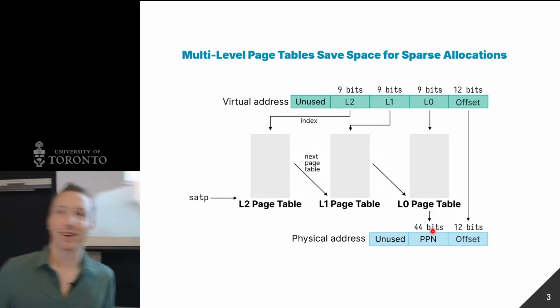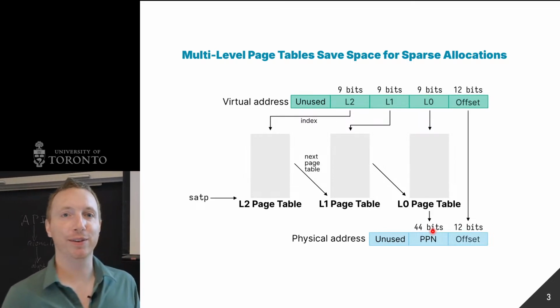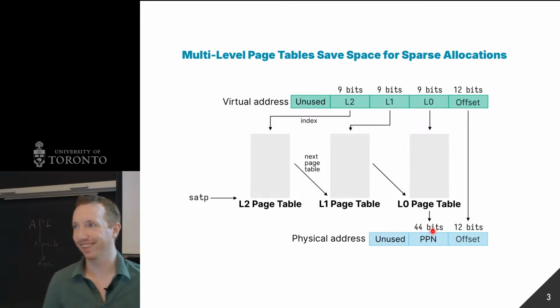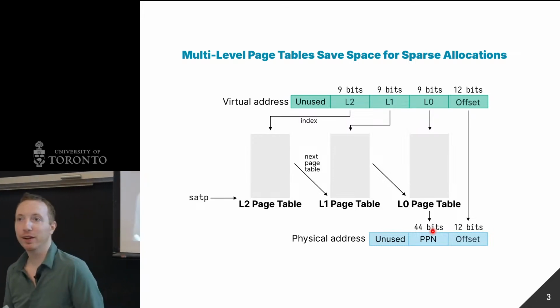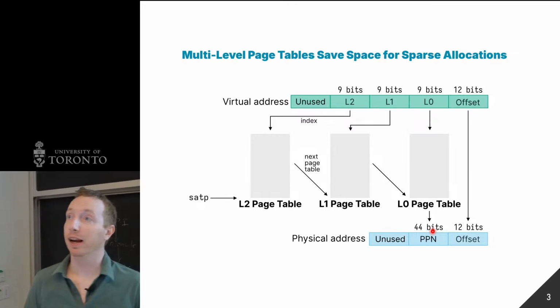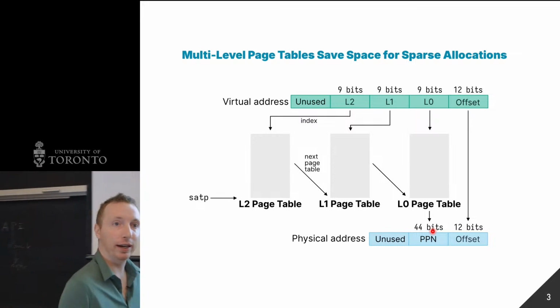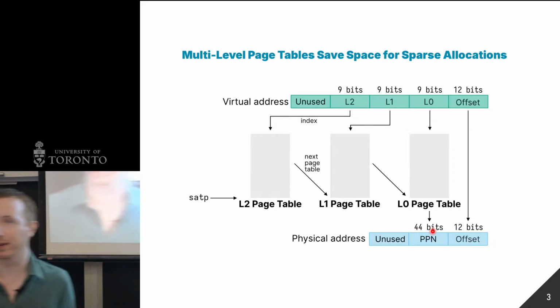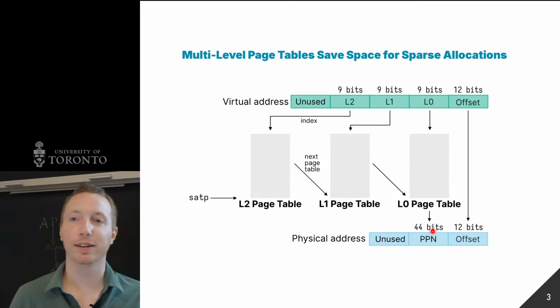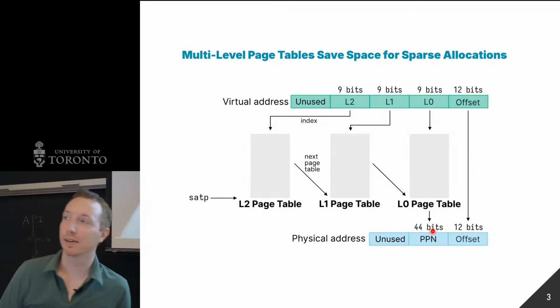Whew. So why would this be a lot better? Doesn't this look like a whole hell of a lot of work? So, main question, looking at that, how much space do I need to consume to translate a single virtual address? Yeah.